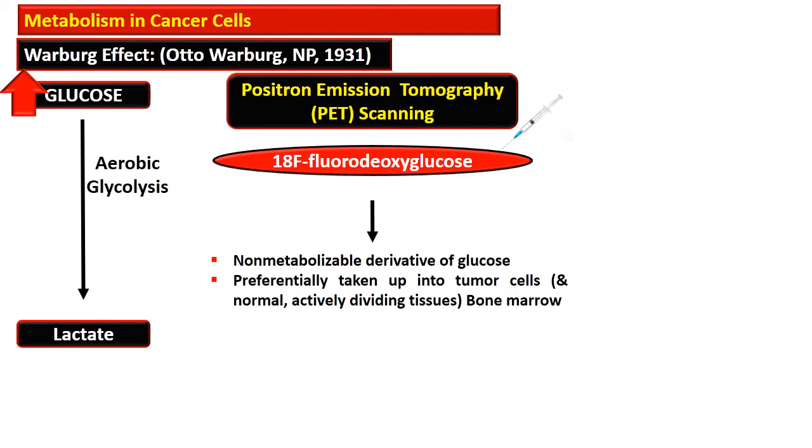In this technique, 18-fluorodeoxyglucose is injected into the body. This chemical is a non-metabolizable derivative of glucose, and it is preferentially taken up by the tumor cells and also by normal actively dividing cells such as bone marrow cells.